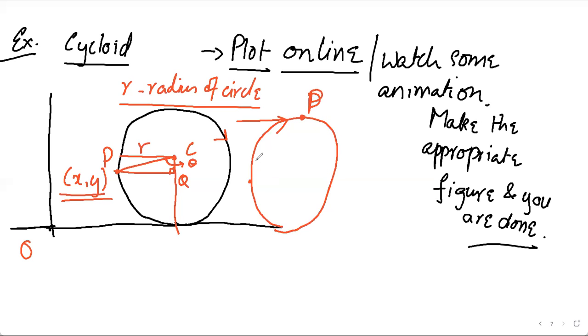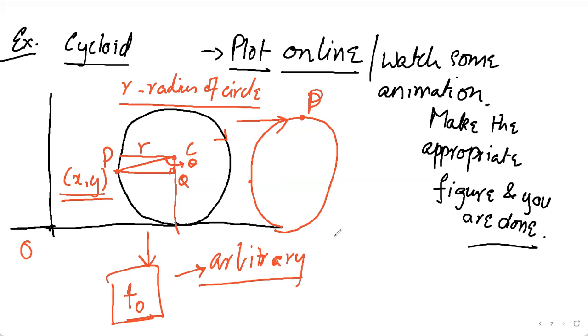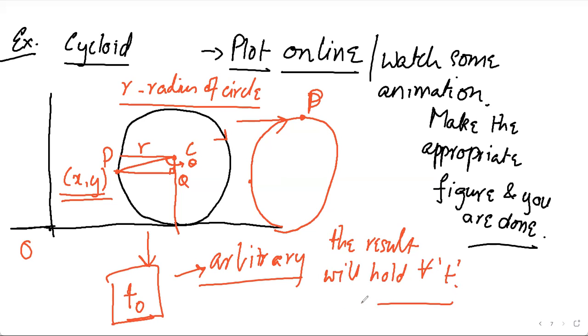All right, so this is a figure at a particular time t naught. Okay, but since this t naught is arbitrary for us, the result we will deduce will hold for all t.